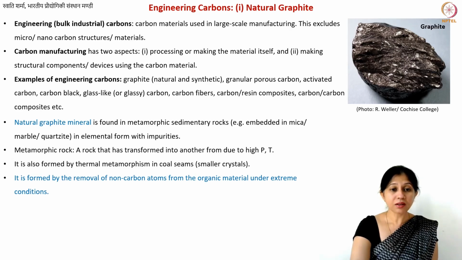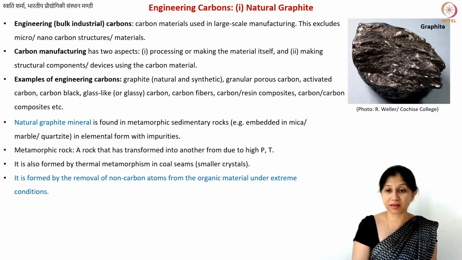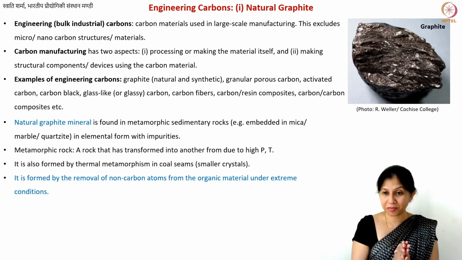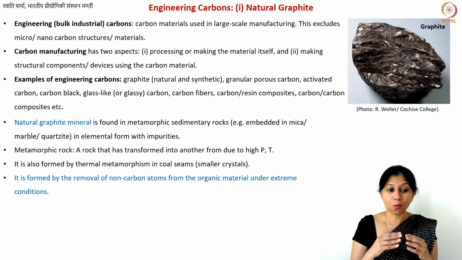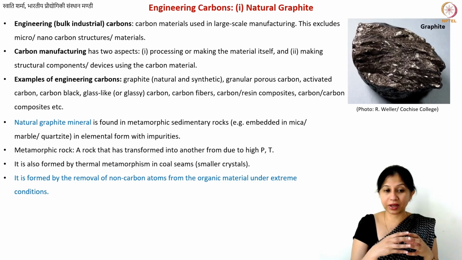Okay. So if you remember, I have also mentioned this previously, how are these carbon minerals formed? In most of the cases, you had certain organic material which was buried under the ground, and then over very, very, very long periods of time and several different types of conditions. And of course, it also depends on what kind of organic precursor it was, what kind of crystal structure and chemical structure it had, whether it was aromatic or whether it was aliphatic.